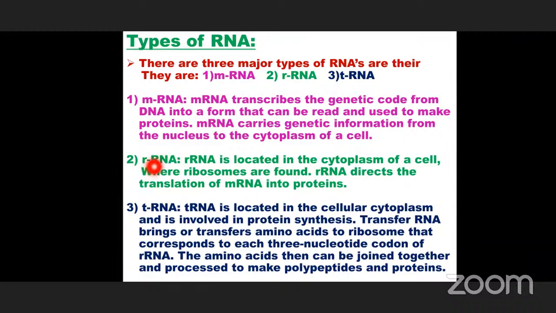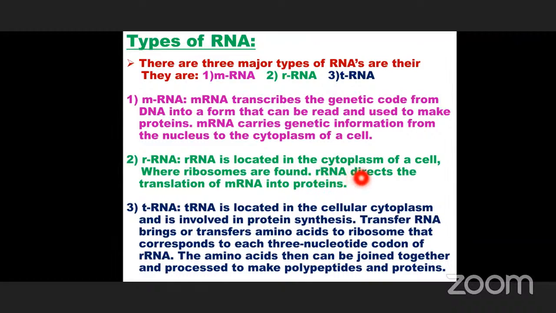Next, the second type of RNA is rRNA, which means ribosomal RNA. This rRNA is located in the cytoplasm of a cell where ribosomes are found. It means this rRNA is present on the ribosomes. These ribosomes are one of the types of cell organelles. They are present in the cytoplasm.